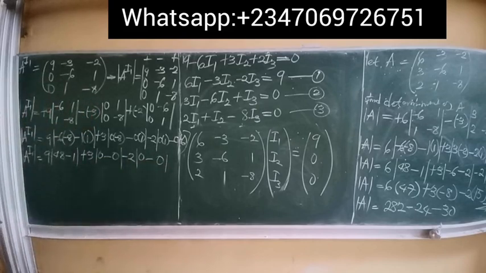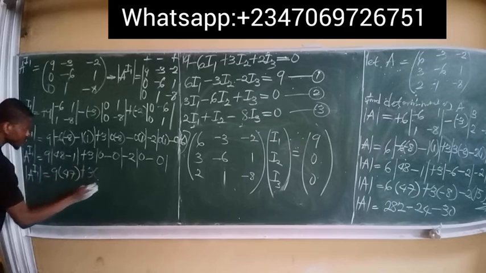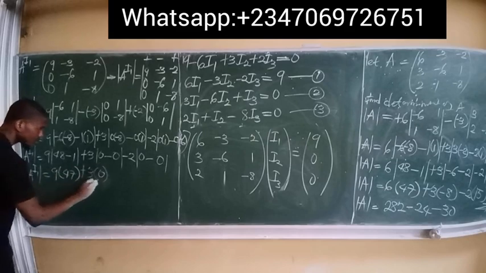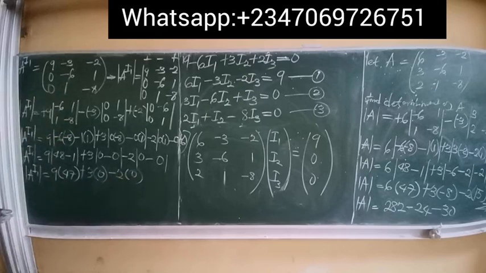So determinant A_I1 is 9 into 48 minus 1, which is 47, plus 3 into 0 is 0, minus 2 into 0 is also 0.